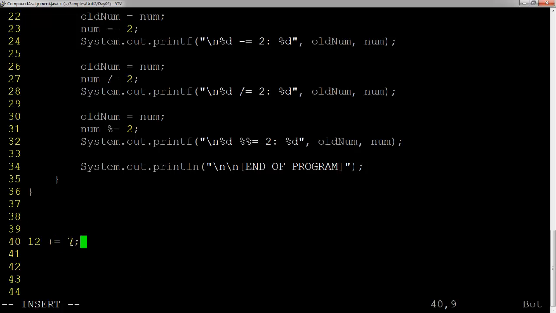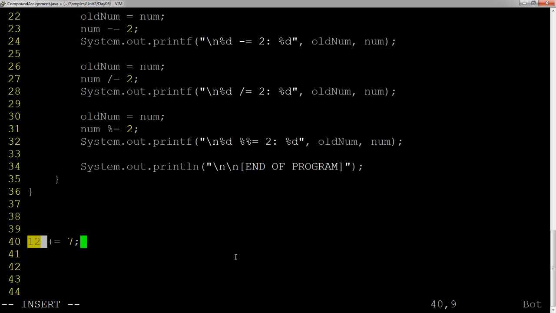We can't do that, because what that would do is take the result of 12 plus 7, which is 19, and then we can't assign that to 12. That just doesn't work at all. We can't say 12 is equal to 19. We can't assign that value at all. Which is to say that the thing on the left side of the expression absolutely has to be a variable of some sort.